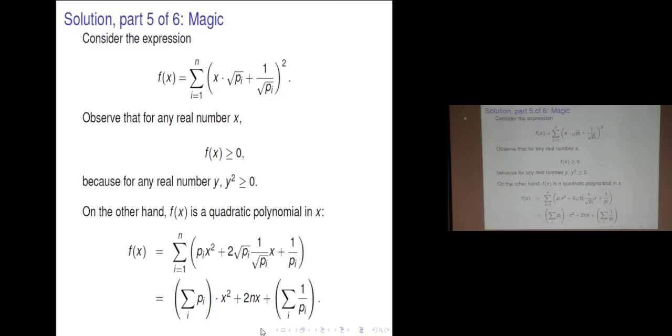For example, this is p1 squared plus something, then p2 squared plus something, then p3, all the way. So when you add them up, you get p1 plus p2 plus p3, everything multiplied by x squared. Again, in shorthand, you get this guy times x squared. Okay, so f of x actually is in this form.